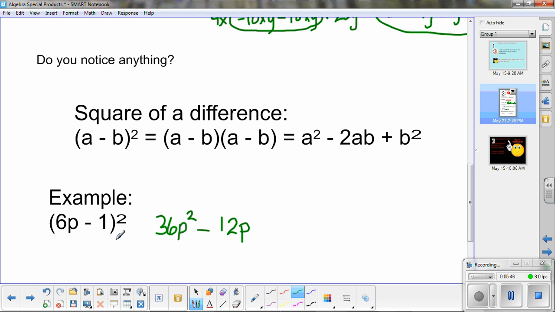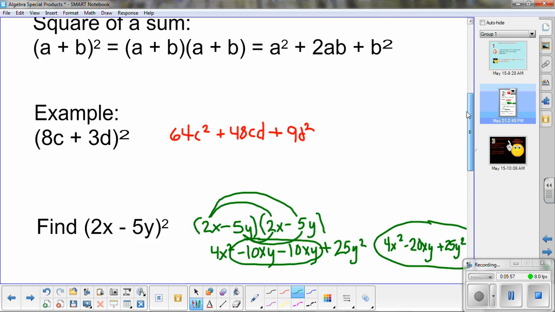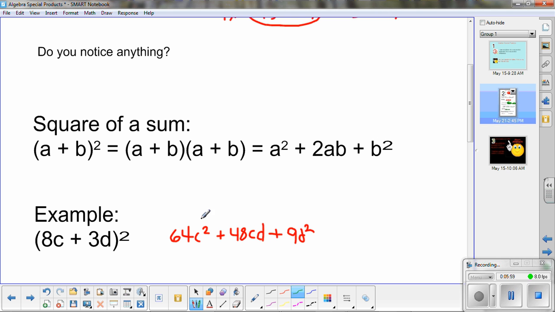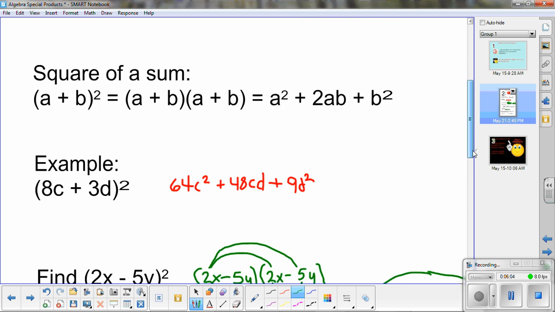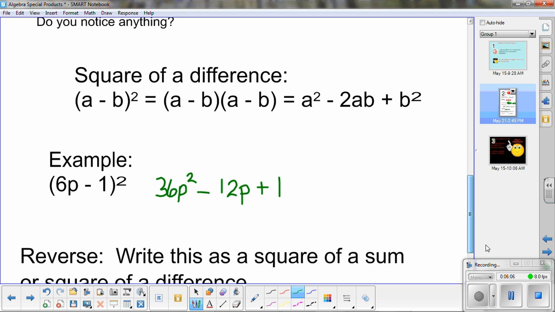And then we're going to square the last one. Negative 1 times negative 1 is positive 1. So 36p squared minus 12p plus 1. So when we had the square of a sum, it ended up being addition in both of these places. And when we had the square of a difference, this one is subtraction and this one is addition.